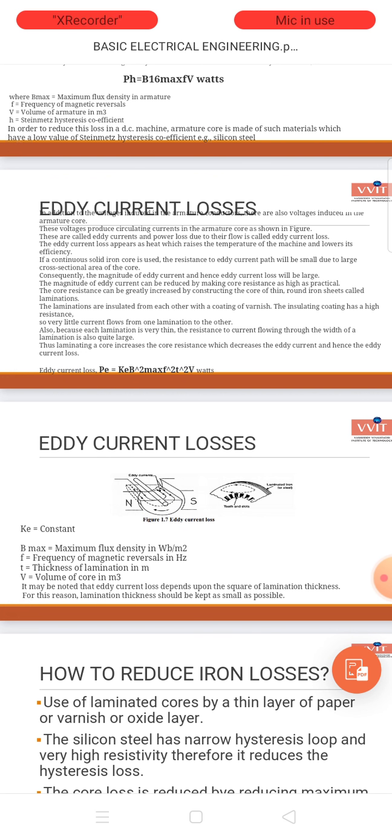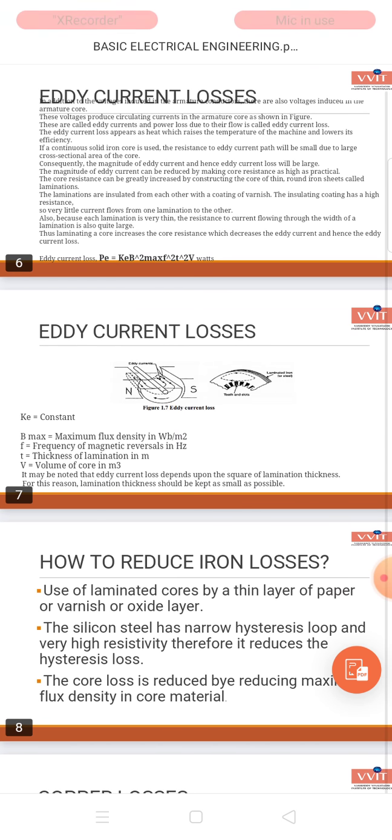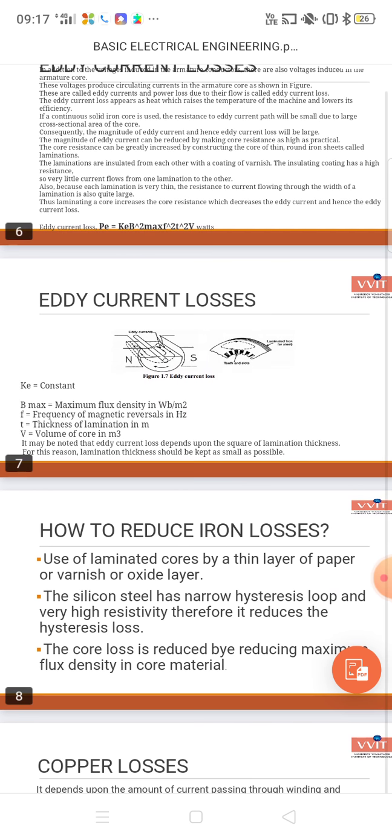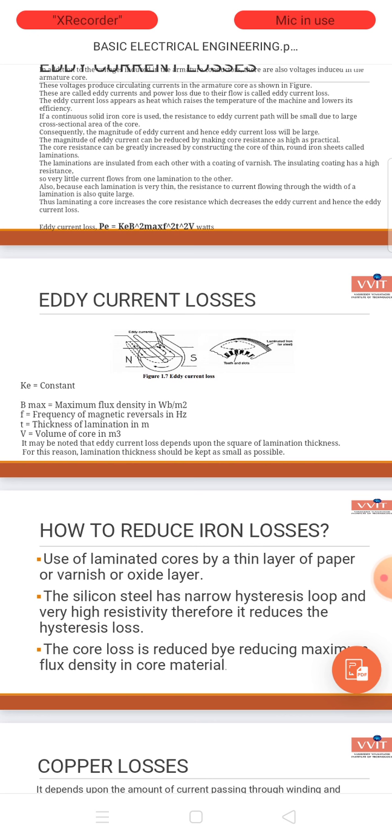The formula for eddy current loss is Pe = Ke B_max² f² t² V watts. Here B is the flux density. Eddy current losses in detailed explanation: this is the diagram which represents eddy current loss.